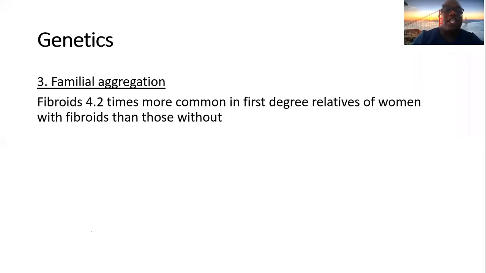So we have a genetic factor involved. And then what we also call familial aggregation, that is clusters of fibroids, especially among first-degree relatives of women. Like the mother is affected, her sisters are affected, maybe the maternal aunts, and also her daughters.